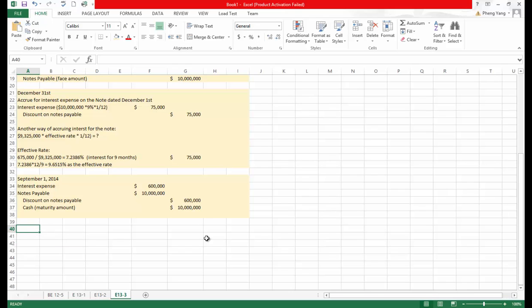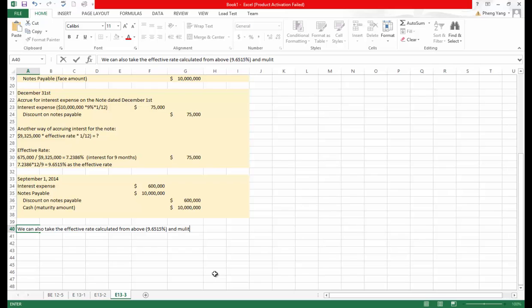And then once again, another way we can take that effective rate here. We can also take the effective rate that we calculated from above of 9.6515% and multiply it by the 9,325,000 to also arrive at 600,000.